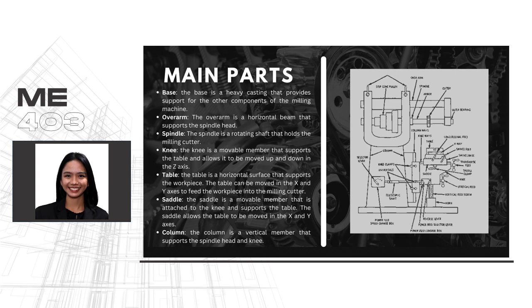The knee is the movable component that supports the table. The table is the surface that supports the workpiece and can be moved on both axes to feed the workpiece. The saddle is the movable member that is attached to the knee and supports the table. Lastly, the column is a vertical member that supports the spindle head and knee.